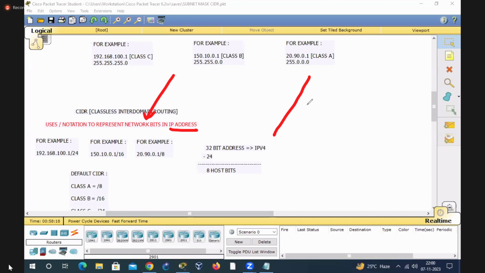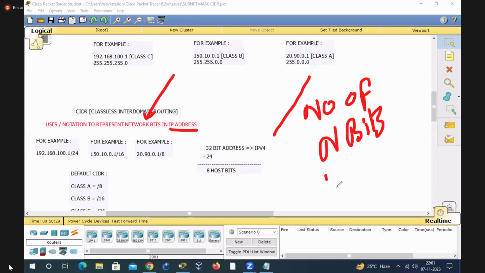Whatever value you write after the slash represents the number of network bits in the IP address.